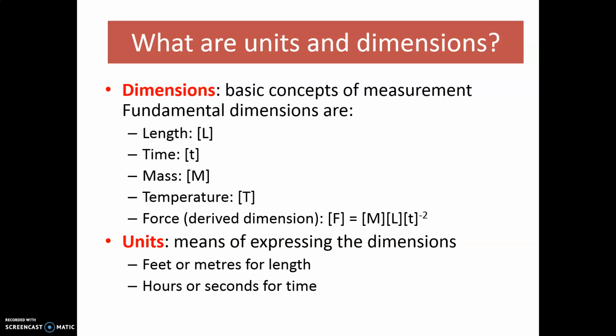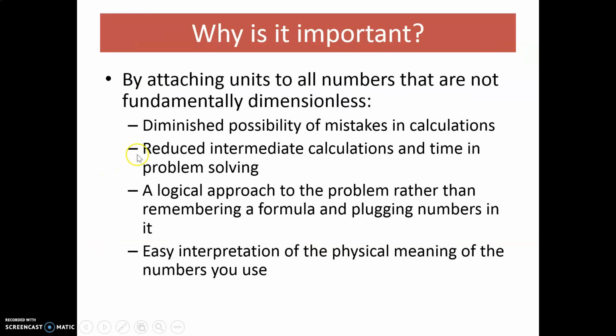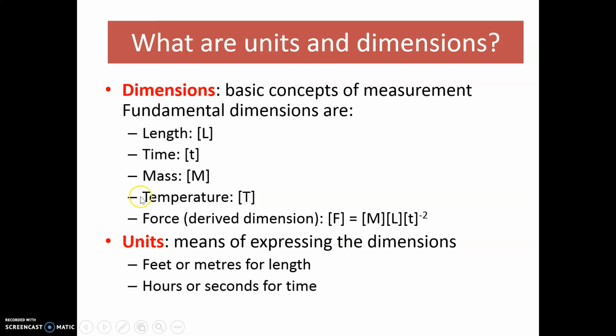Dimension, as a definition, is something that can be measured, and we have a few basic dimensions such as length, time, mass, and temperature. Besides the basic dimensions, we also have derived dimensions such as force.